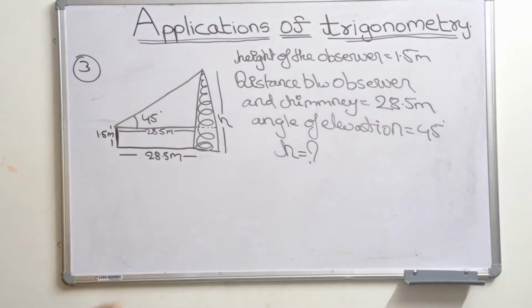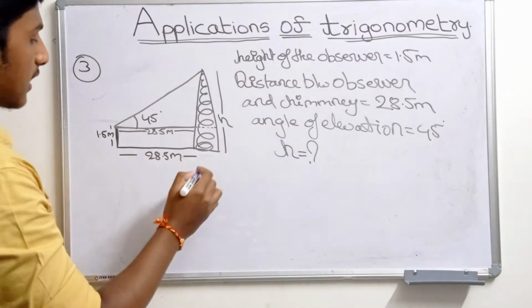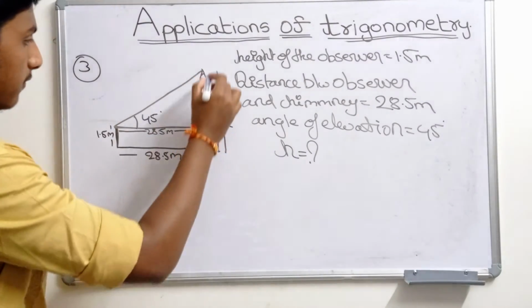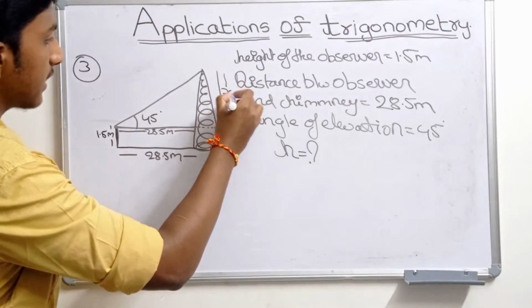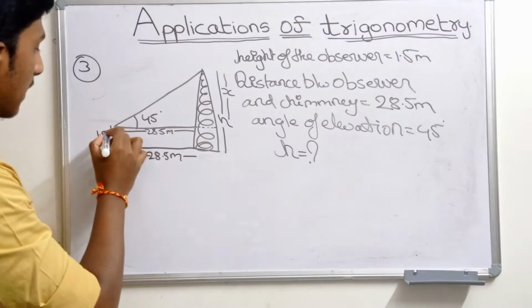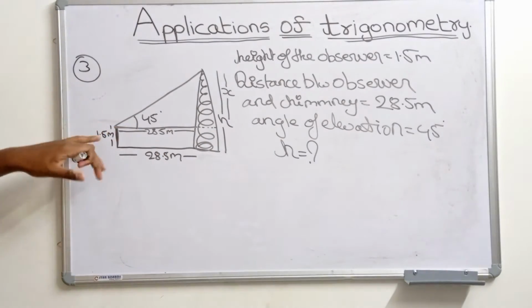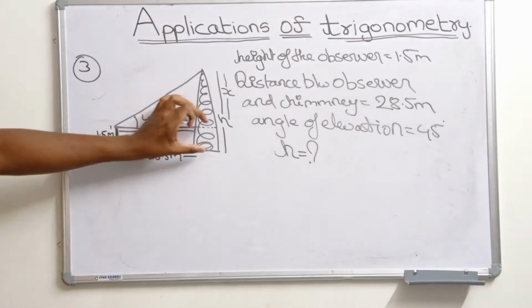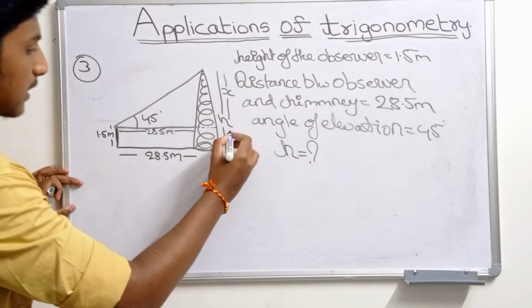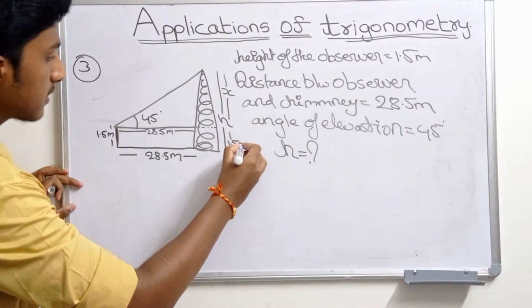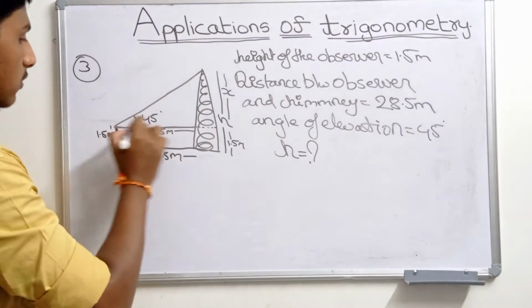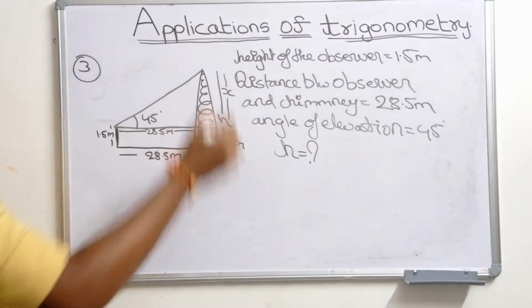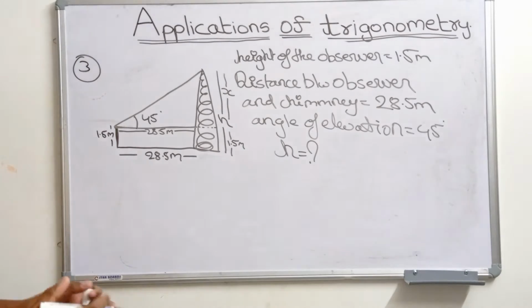So consider this as a straight line, and if we have to measure this completely, we can take this part as x. This part is equal to 1.5 meters, which is already given, the size of the observer, and this part of the chimney can also be considered as 1.5 meters. And now we have adjacent and we have to find the opposite. So is the question clear?